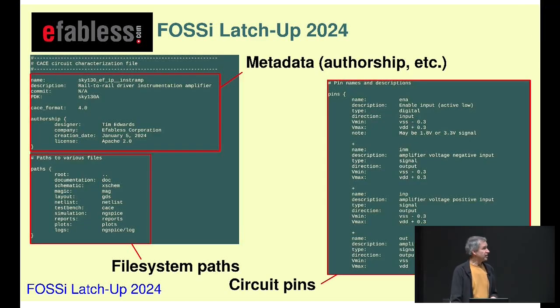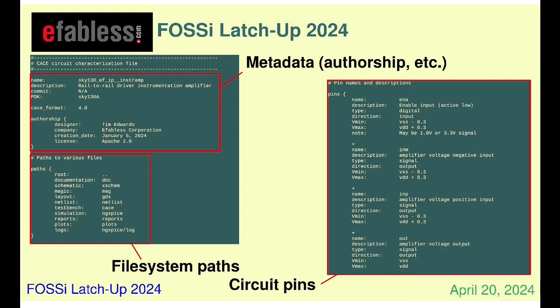So forgive me for making yet another file format here, but I wanted something that was easily readable and easily editable in Vim, and so I came up with this. It has, for instance, the metadata. You have things like the circuit name and description and your license and your own information, such as your own name and company.